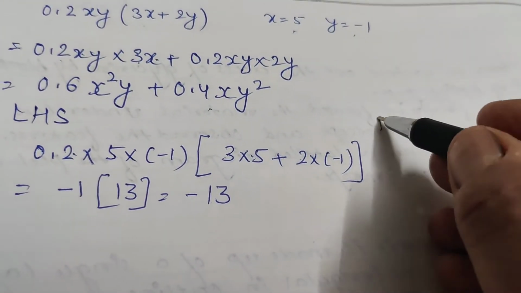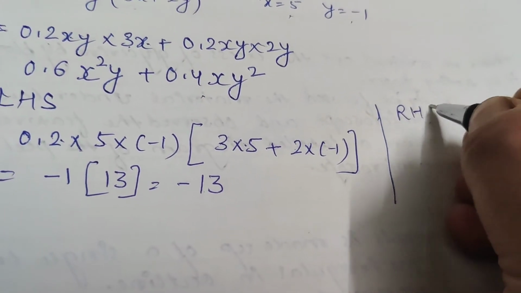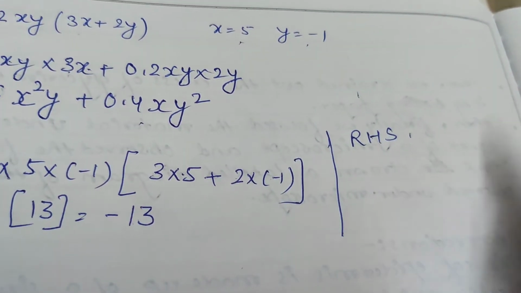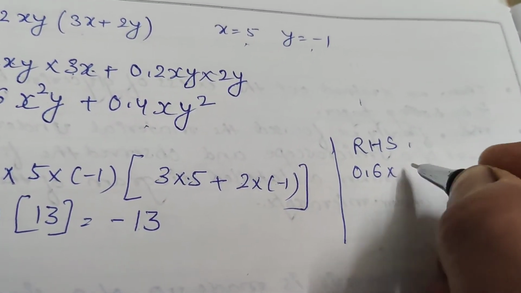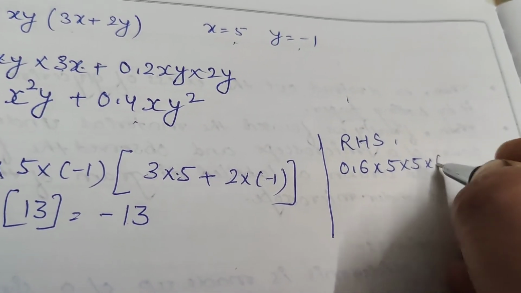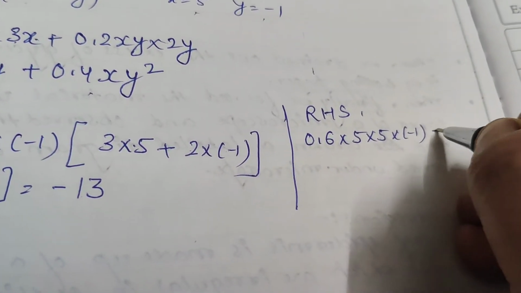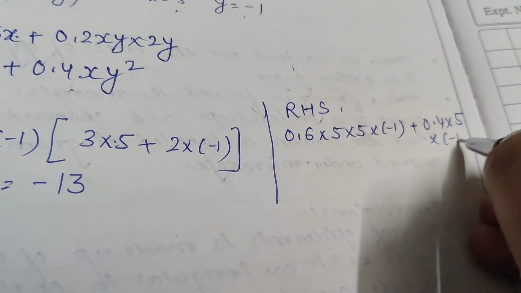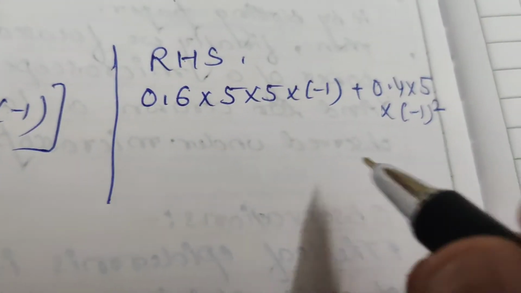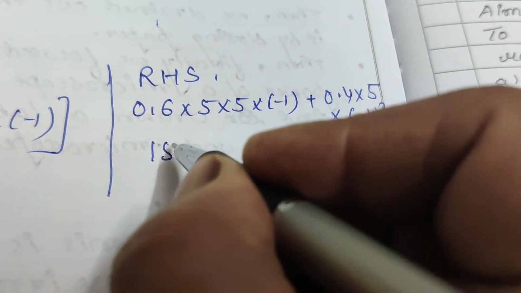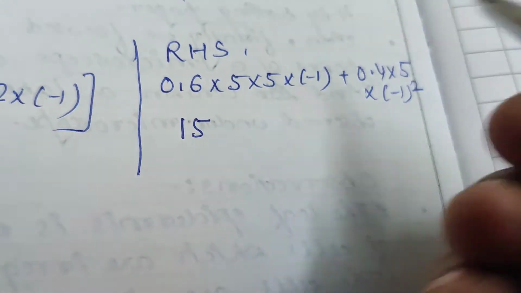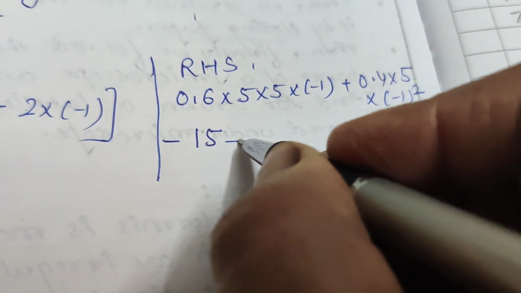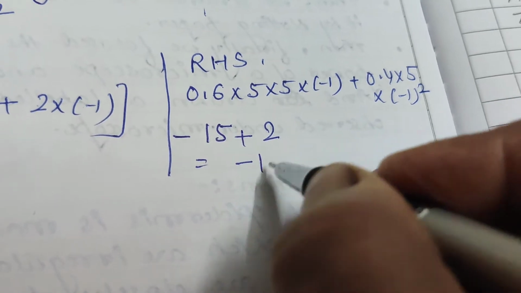And RHS. 0.6 x square y. 0.6, x square means 5 into 5, y is minus 1, plus 0.4 x y square. 5 fives are 25, 6 times 25 is 150 and decimal, minus 15, plus 2, minus 13.